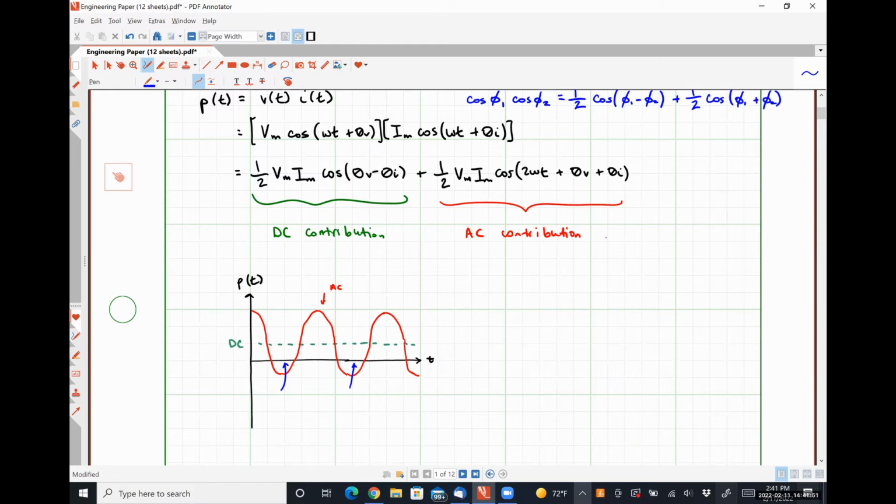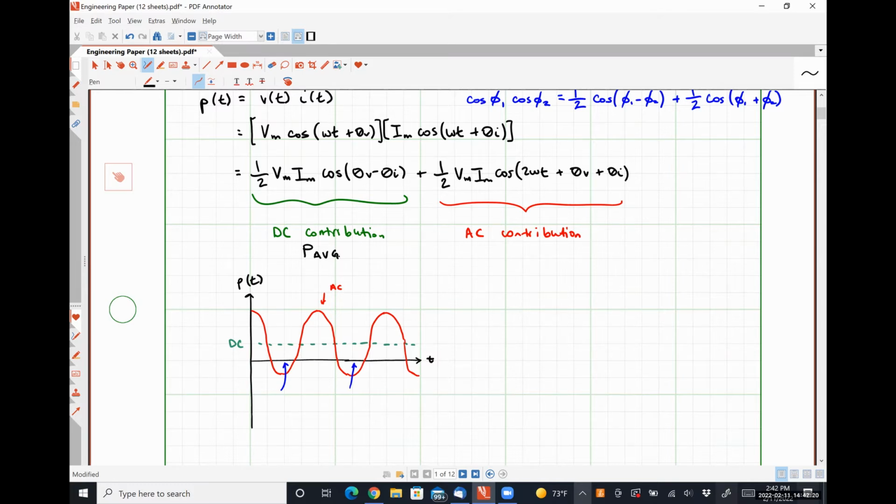So what that means is that the DC portion represents the average power absorbed by the load. I'm going to call this PAVG. Okay. And we can mathematically prove this in a little bit.